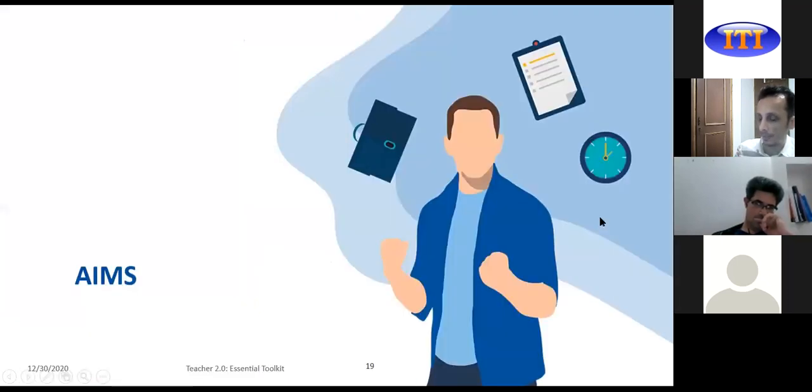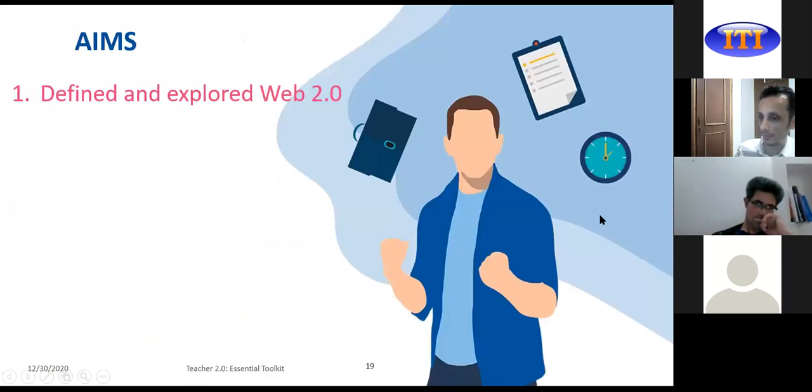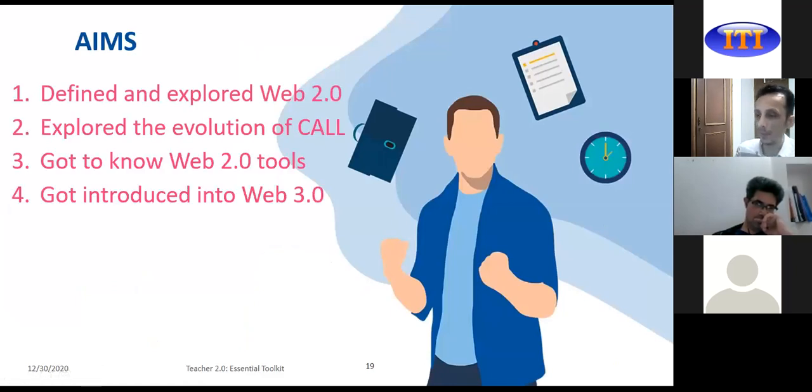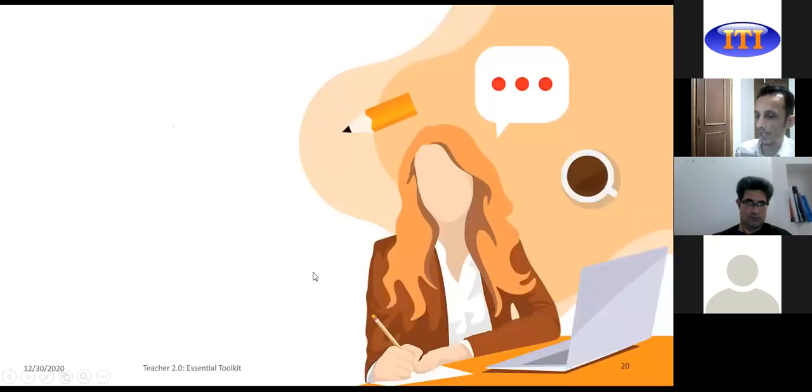Let's just go through the aims of our event again. We defined and explored Web 2.0, and we also explored the evolution of CALL. It was behavioristic CALL, and then we talked about how it evolved, and then we had Integrative CALL, and then it turned into Web 2.0. We explored a couple of popular and useful Web 2 tools, and we also got introduced into Web 3.0.